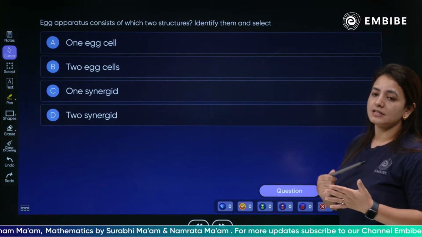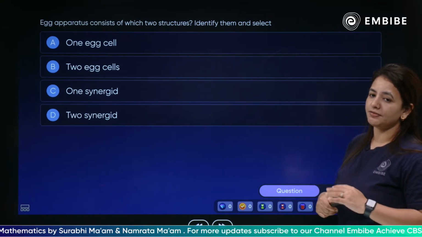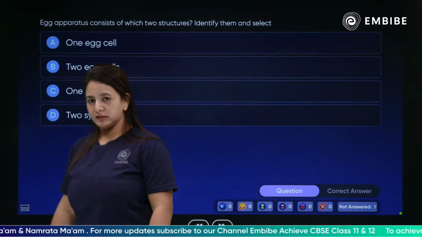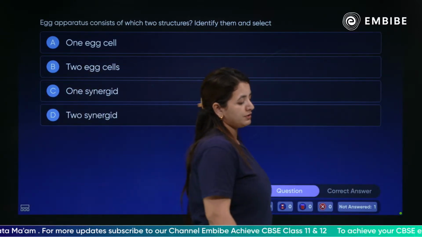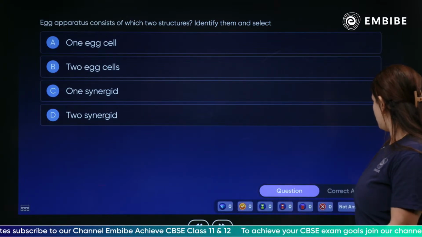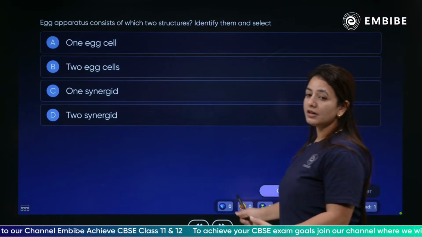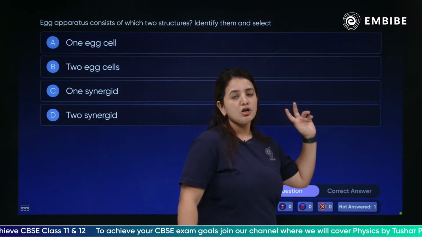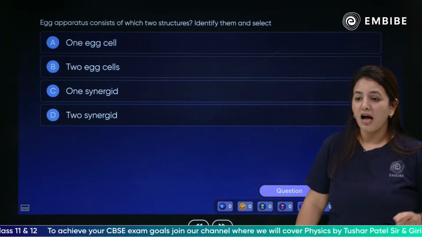The egg apparatus consists of 2 structures. Identify them. What does your egg apparatus consist of? Just now we have discussed it. Children, if you join us on the Embibe app, you will be able to answer directly using the mouse or keypad.